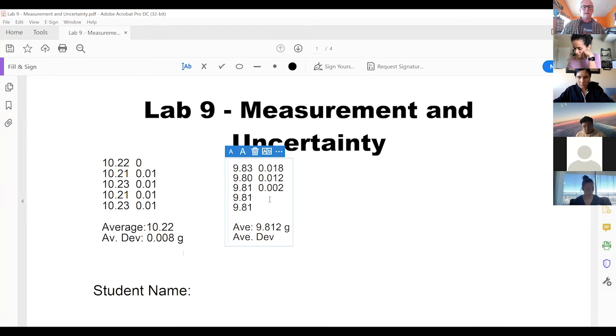So actually my average deviation might be less this time, as we will see.